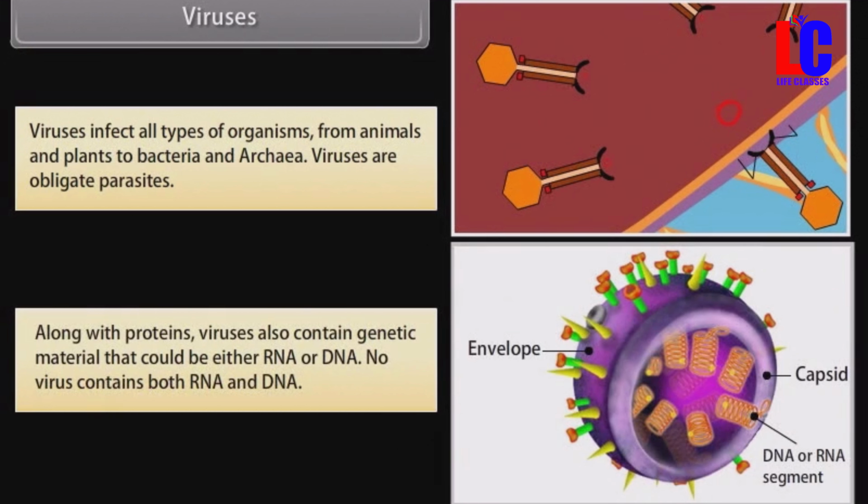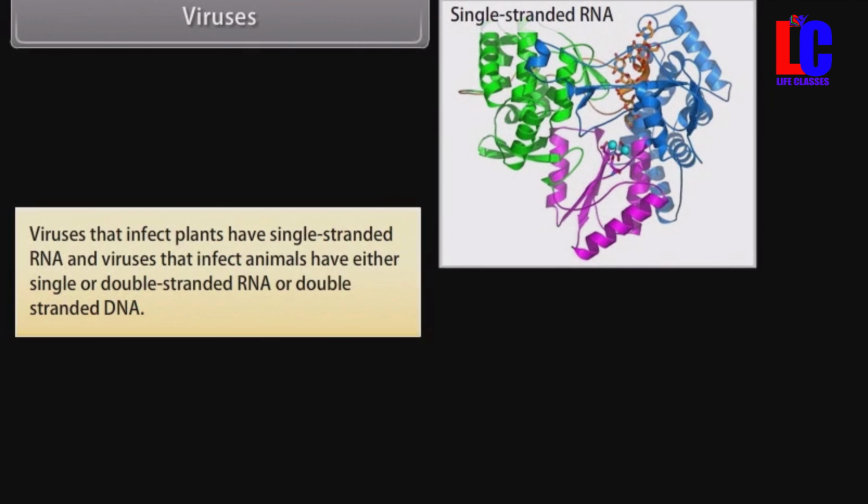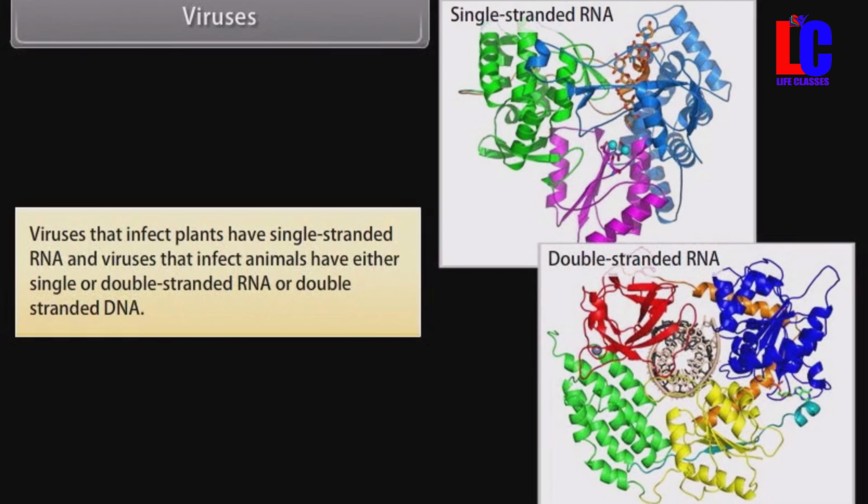Along with proteins, viruses also contain genetic material that could be either RNA or DNA. No virus contains both RNA and DNA. Viruses that infect plants have single-stranded RNA, and viruses that infect animals have either single or double-stranded RNA or double-stranded DNA.